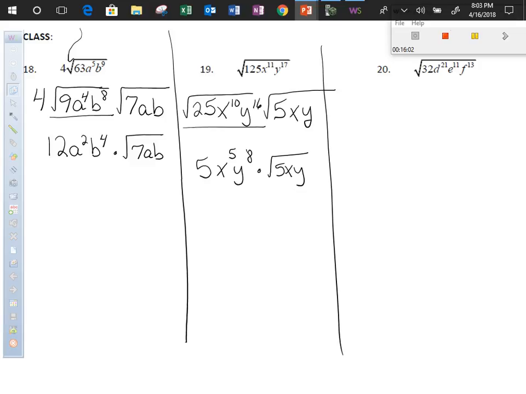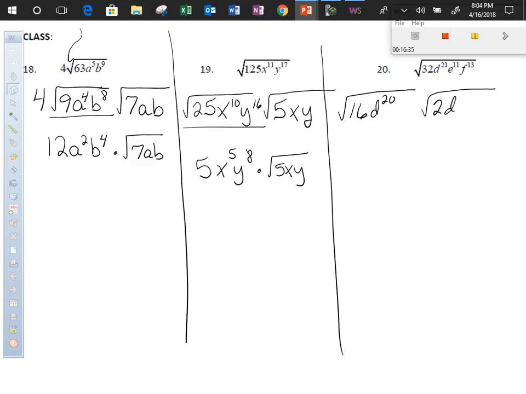Here's my number 20. Once again, your cue when you need 2 radicals, I don't know the square root of 32, and 2 doesn't go into 21, 11, or 13. So I need 2 square roots. A number that you know the square root of that goes into 32: 16 times 2. D to the highest multiple of 2, less than 21. So I got 20 d's there.